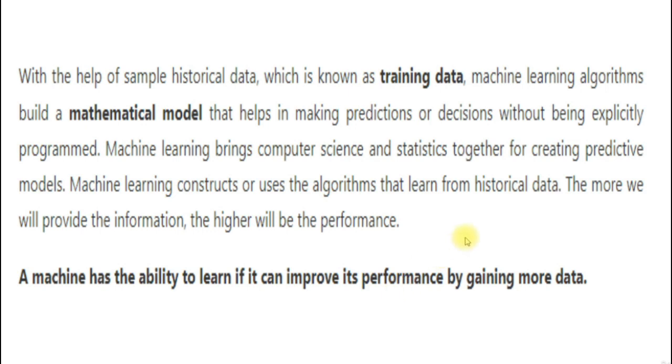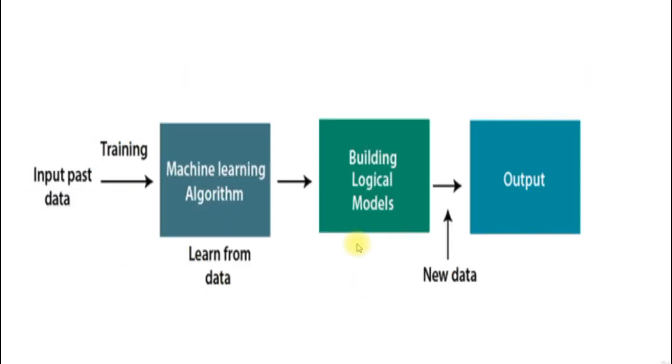So, we train the machine learning model on some sample training data, that is, the historical data that we have. Once the model is trained on the training data, we can use new data sets on the same model to predict the output. So, this is the life cycle. Input past data will be given as training to the machine learning algorithm.